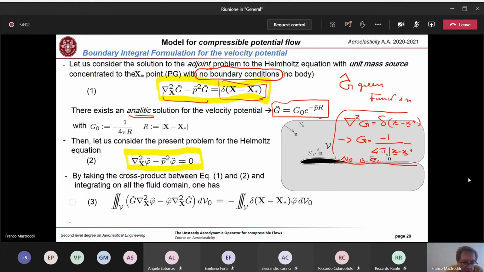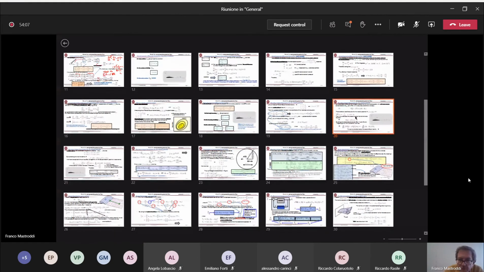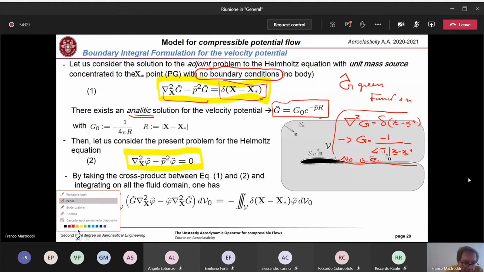How? We can multiply all this equation by G, and all this equation by phi, the famous cross product. Then we take the difference and then integrate, and this is the result.